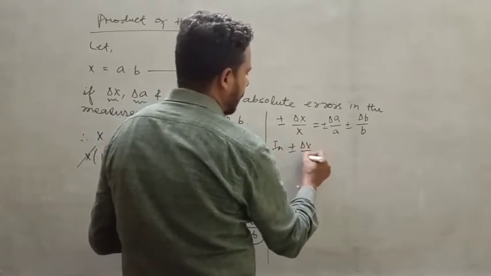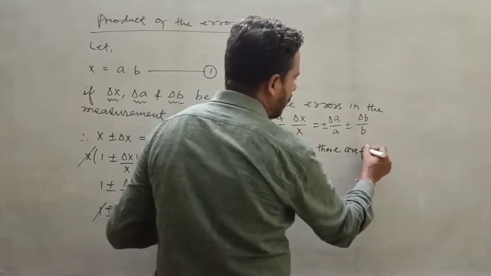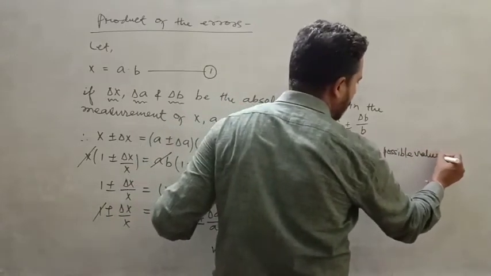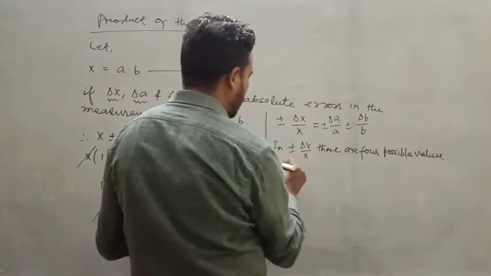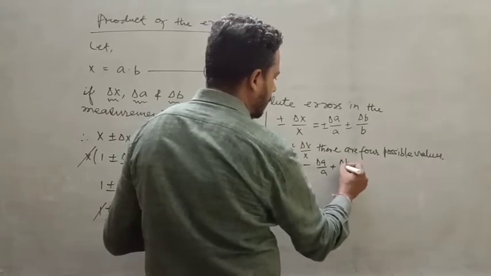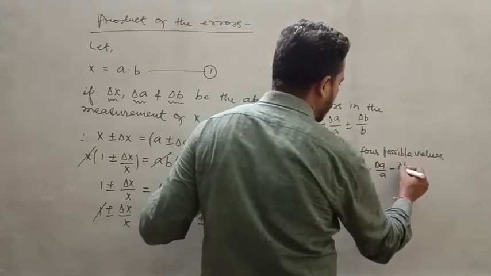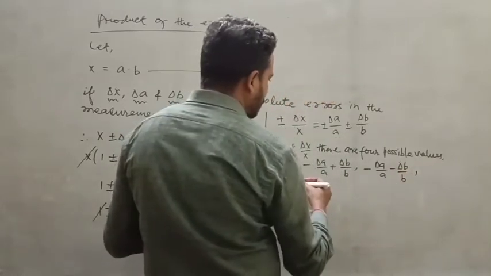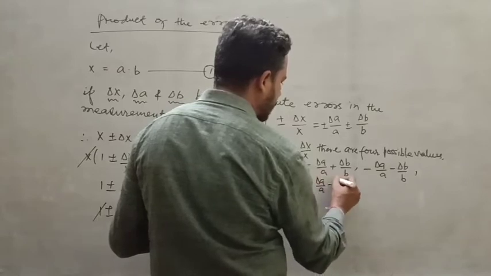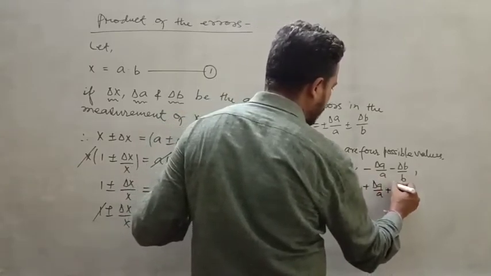So you just see here that in plus minus delta x by x there are 4 possible values, and the 4 possible values are: either minus delta a by a plus delta b by b, second one is minus delta a by a minus delta b by b, third one is plus delta a by a minus delta b by b, and the last one is plus delta a by a plus delta b by b.